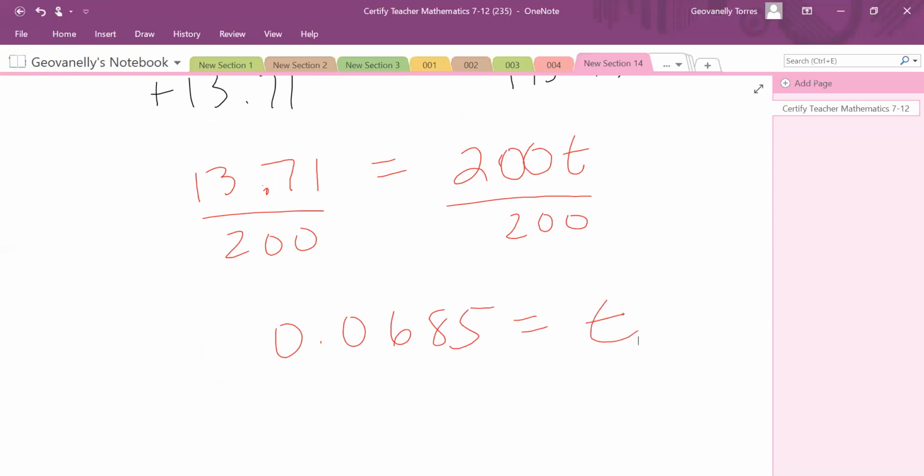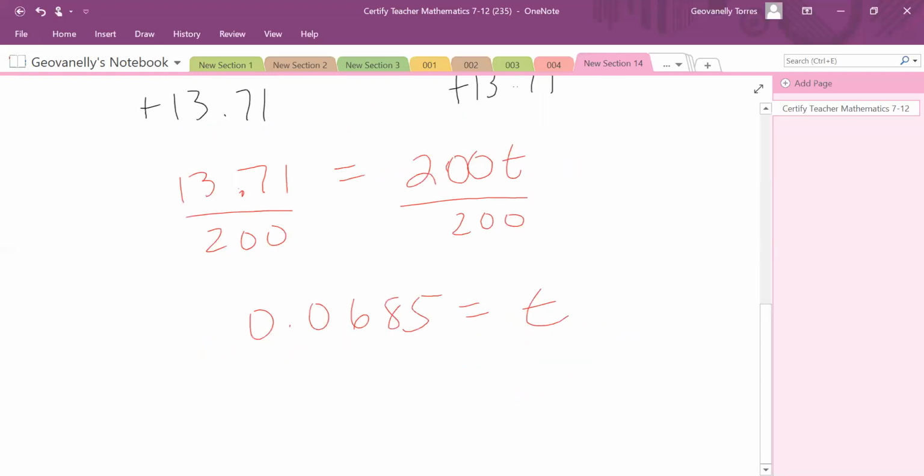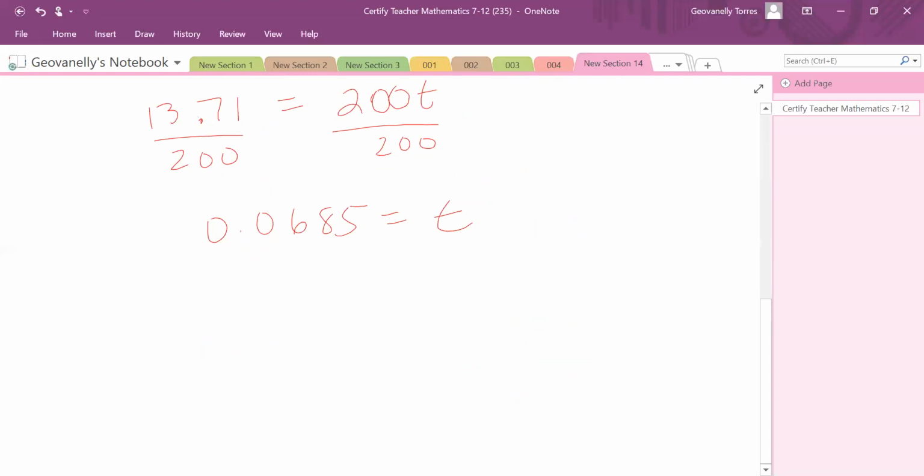Now another formula that we must use here is the properties of distance, velocity, and time.